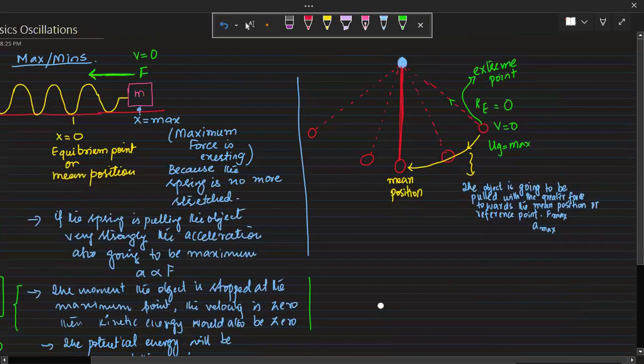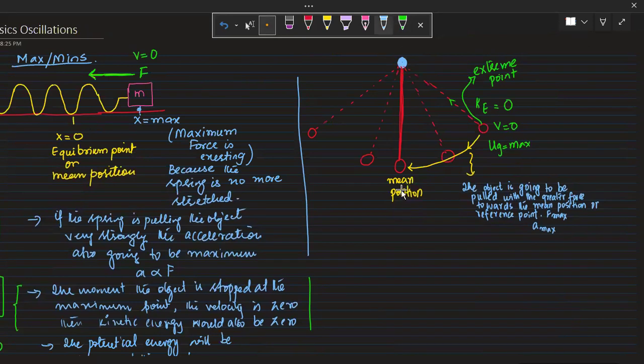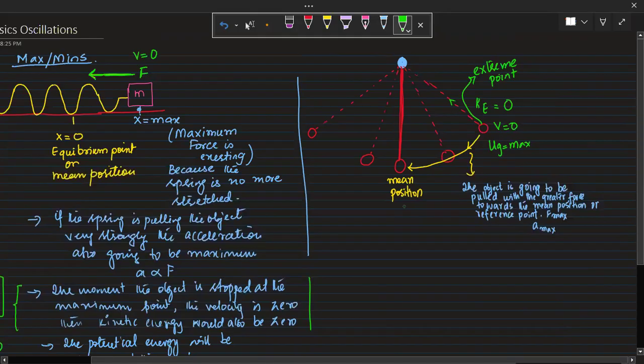All right. Now, when reaching the mean position, or reference point, or equilibrium position, the force is going to be minimum, right? And the speed is going to be maximum.